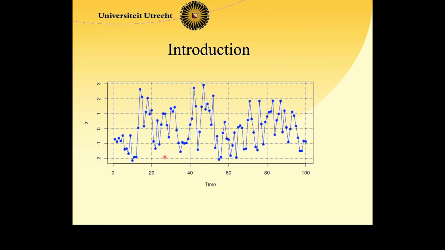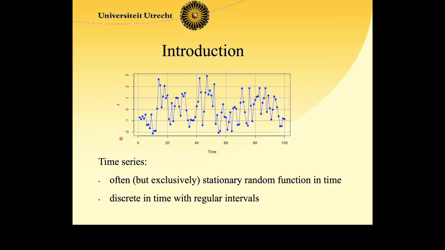So what is a time series? Well, this is an example of a time series. And you can see it is a realization of a random function, and there are only values at discrete time steps. In this case, every day there is one particular value.